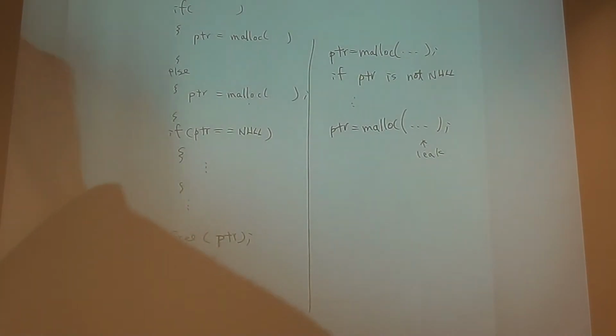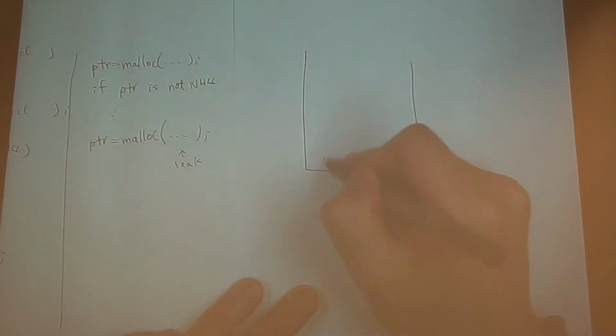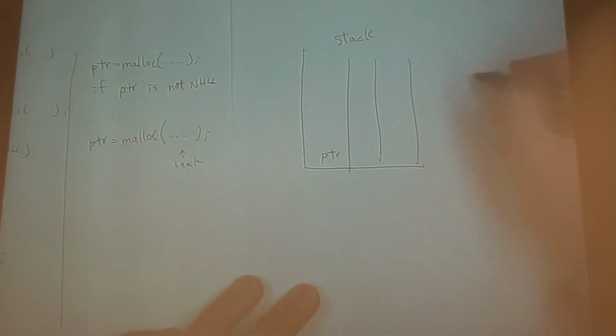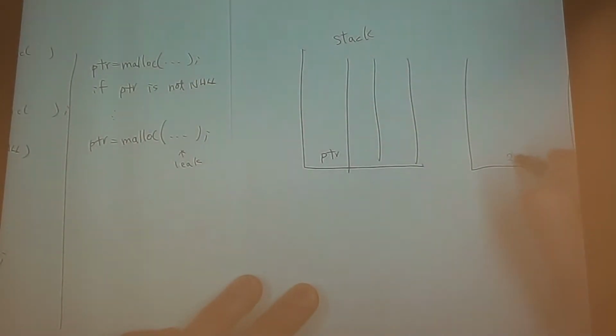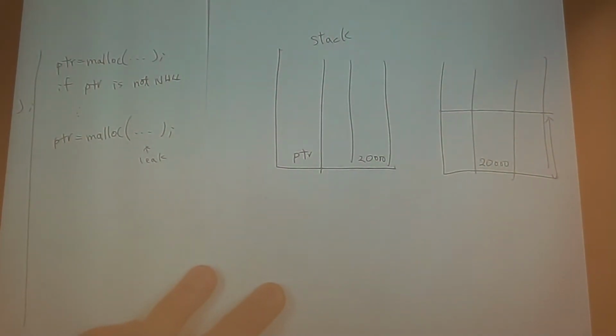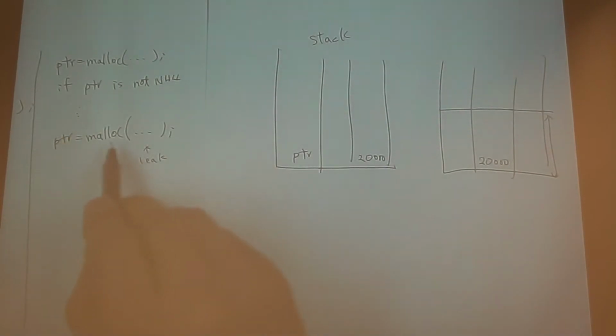Because when you say the first malloc, your ptr is in the stack. The first malloc will give you a piece of memory. Let's say it's 20,000. This is a piece of memory you allocated. And you call malloc again.